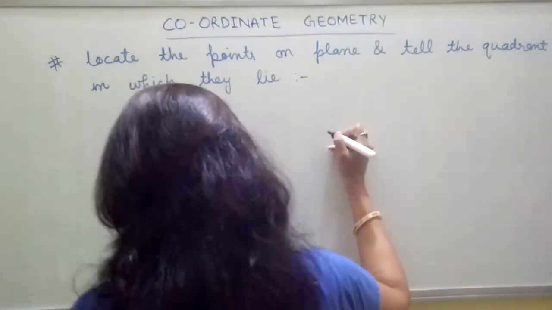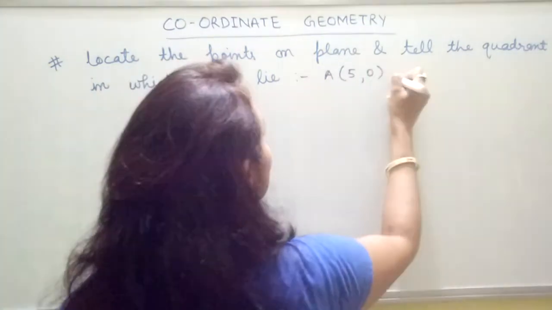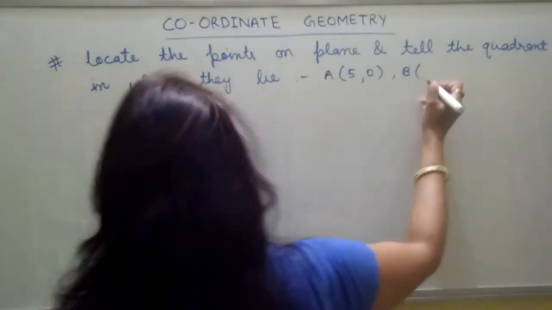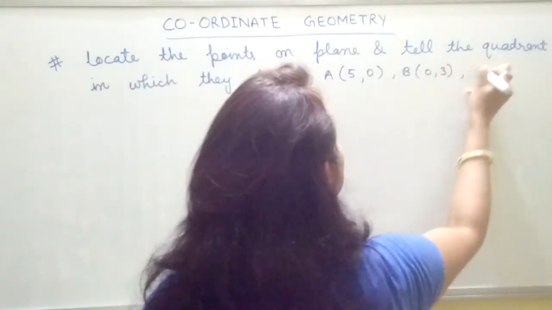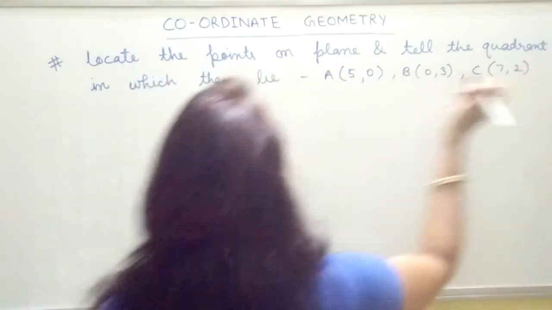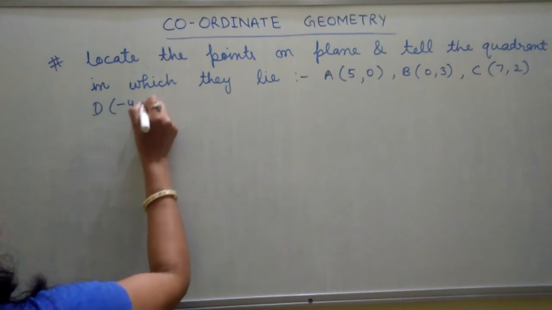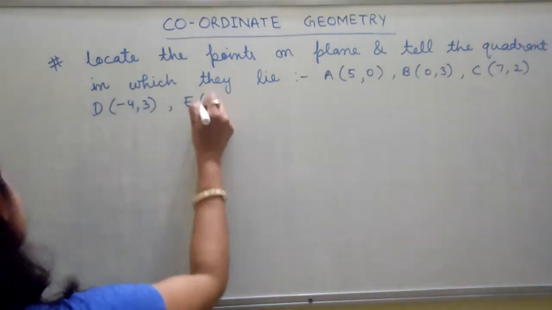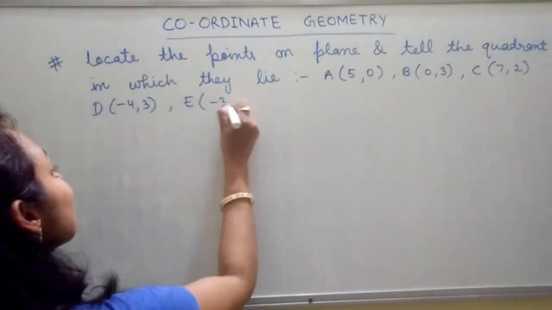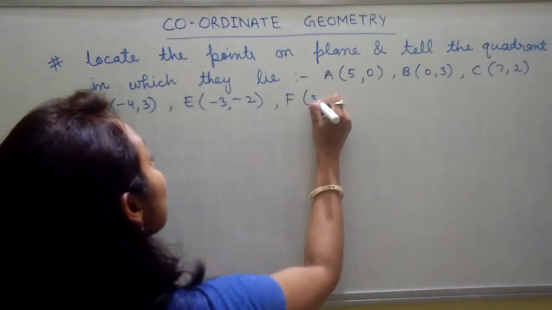First point, A is 5 comma 0, then B is 0 comma 3, C is 7 comma 2, D is minus 4 comma 3, E is minus 3 comma minus 2, F is 3 comma minus 2.